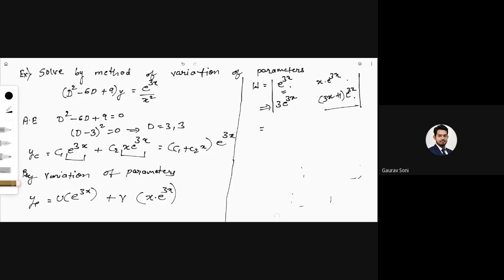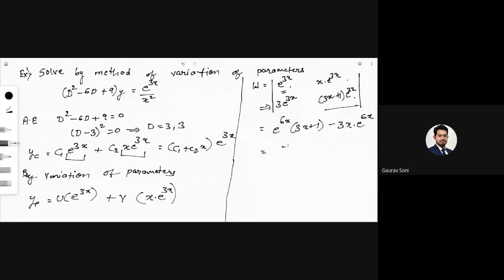Now take the determinant. How do you take the determinant? Do the cross multiplication. So e to the power 3x into e to the power 3x, that will be e to the power 6x into (3x plus 1), minus the other one, which will be 3x e to the power 6x.